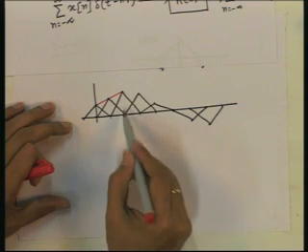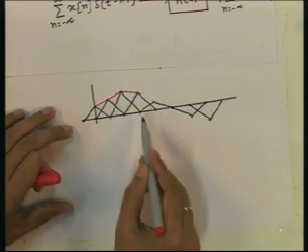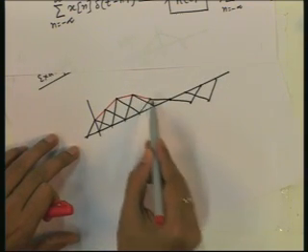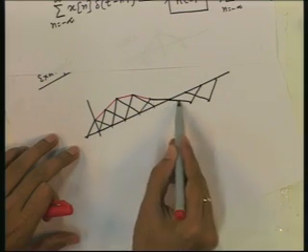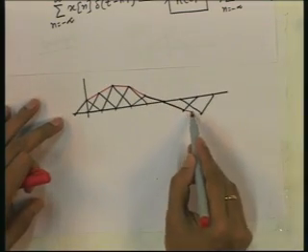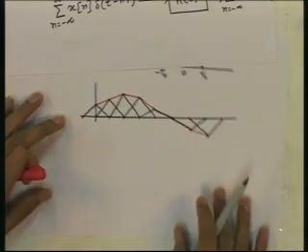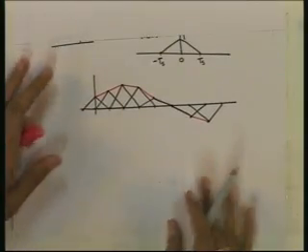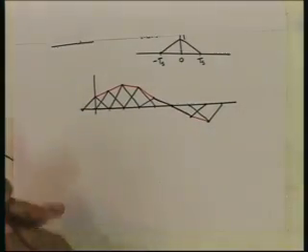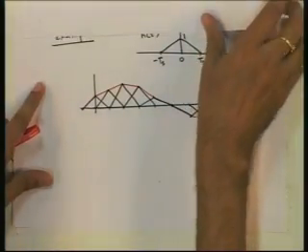We add these two, we get a straight line here. So this is the signal we get, and this is nothing but the simple interpolation we considered first, that is joining the sample values by straight lines.